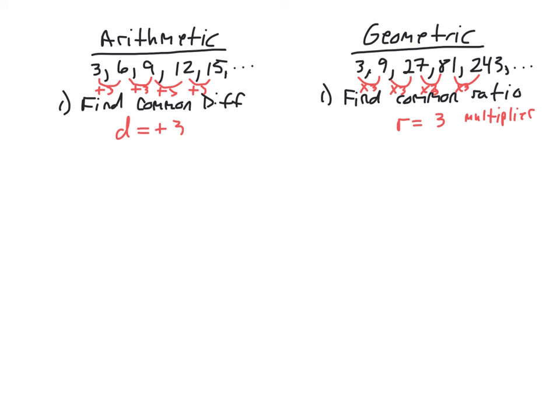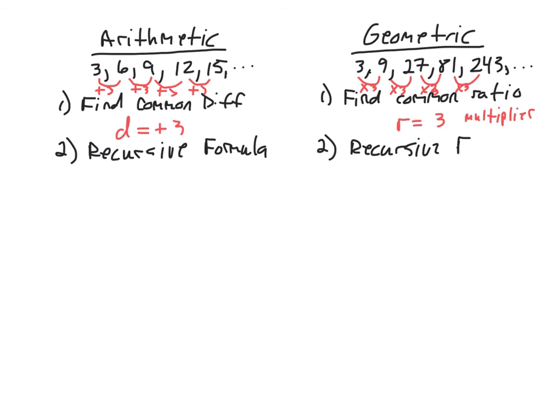Let's proceed. The next skill I need is to use the common difference I found for a recursive formula. And remember, all I need is a start value and then my common ratio or common difference.